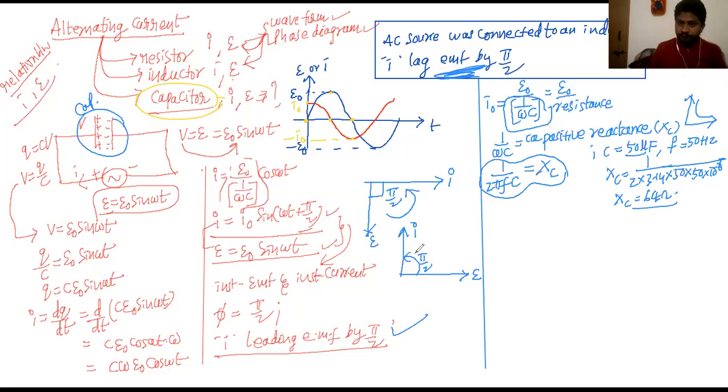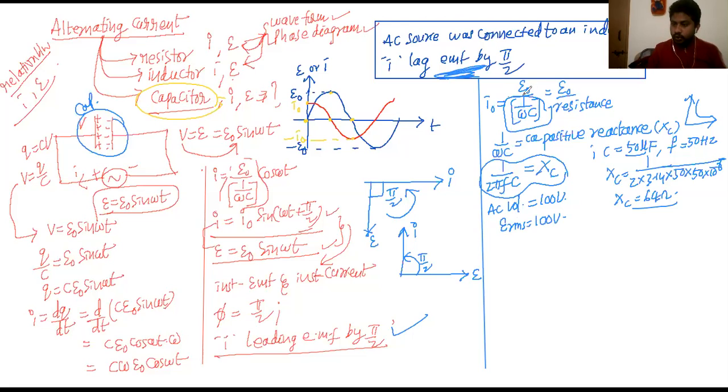Now from here you can also find, if they give the AC voltage as 100 volt. What is AC voltage? It is equal to ERMS. ERMS is 100 volt.